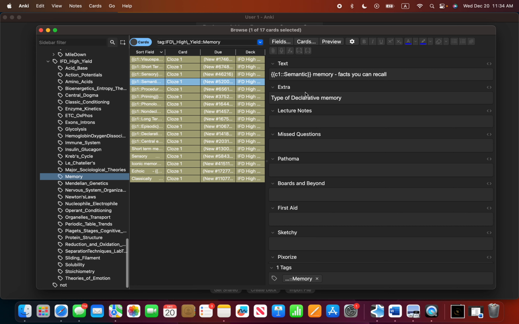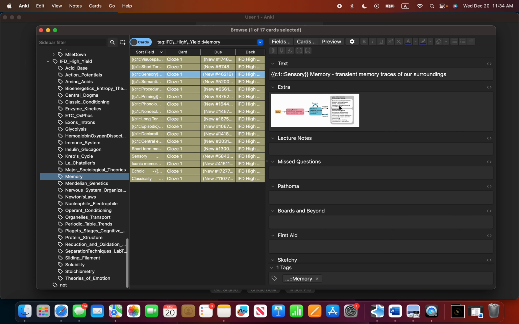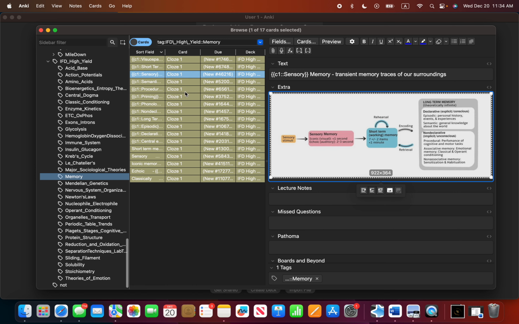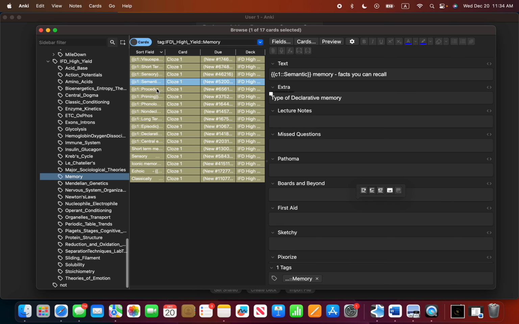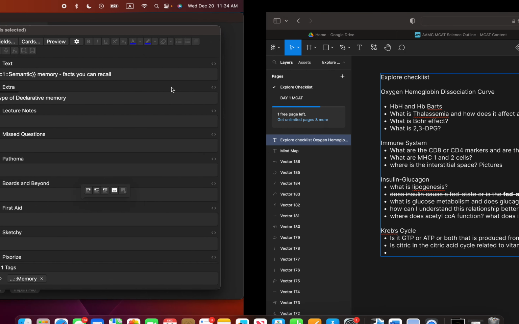You recall some facts. It's a type of declarative memory. Yeah, we remember that declarative was explicit and conscious, and semantic is one of the two subcategories, like types of it. It's the facts that you can recall. We need examples of semantic memory.